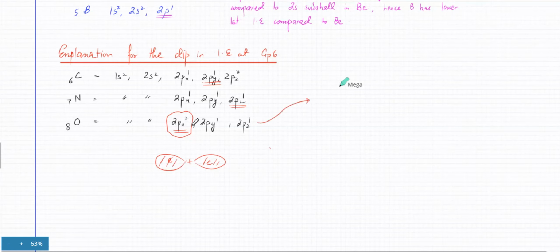So what you're going to write is that in oxygen, the electron is being removed from a paired 2p orbital.